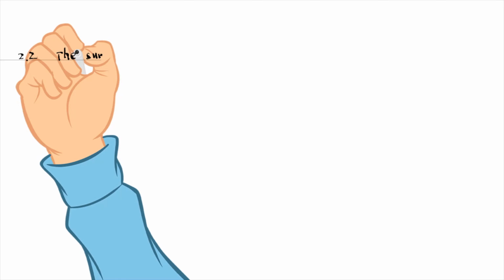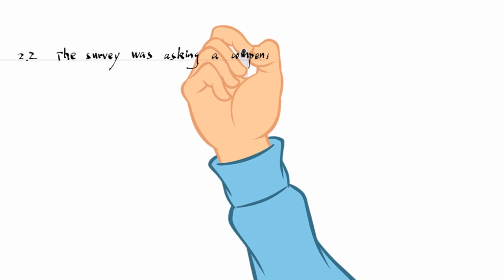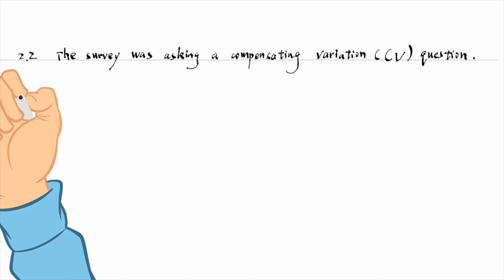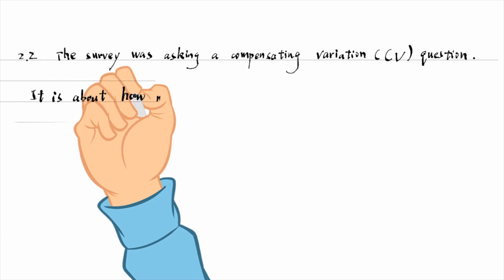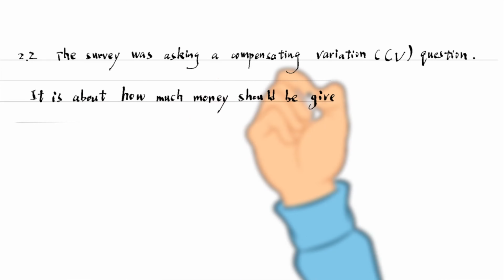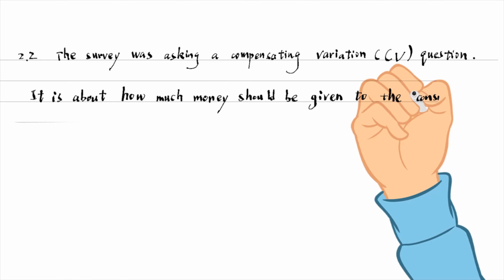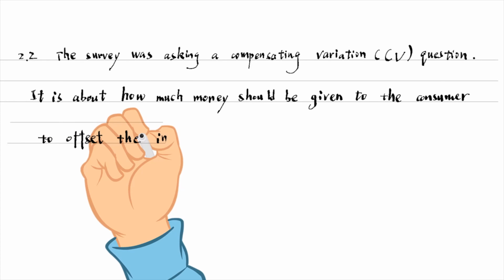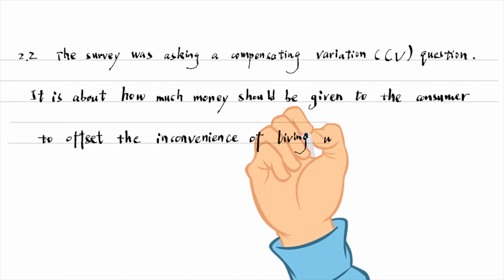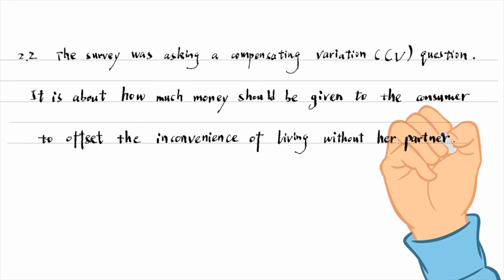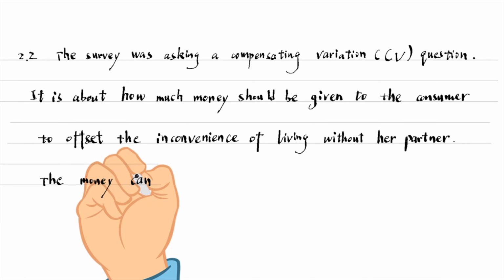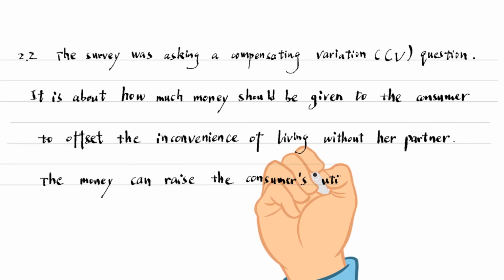The survey was asking a compensating variation, CV, question. It is about how much money should be given to the consumer to offset the inconvenience of living without her partner. The money can raise the consumer's utility to the original indifference curve with her partner.